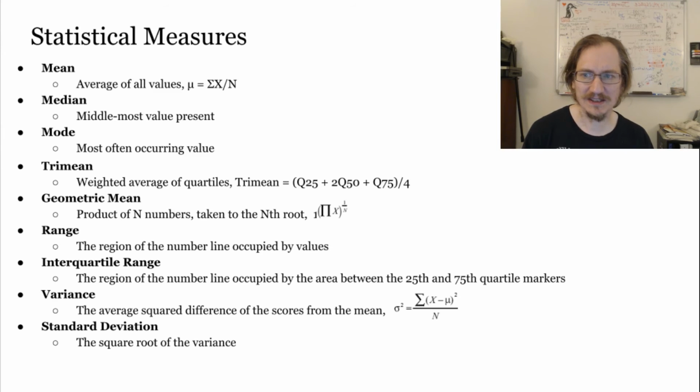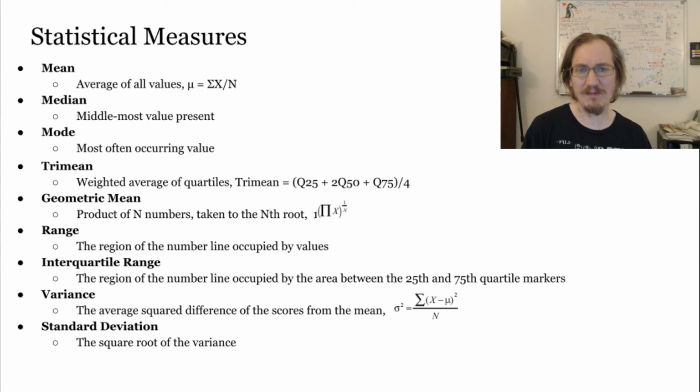Now, each of these statistical measures, you've got to know them. You're going to use certain statistical measures sometimes and other ones not so often. It really depends on the character of the distribution you're looking at, which ones will be useful. The mean is almost always useful, but sometimes it's not, if you have a lot of outliers pulling that mean to one side or the other. Maybe you want to talk about the median then, to give you an idea where the central mass is located. Well, maybe you could use the trimean.